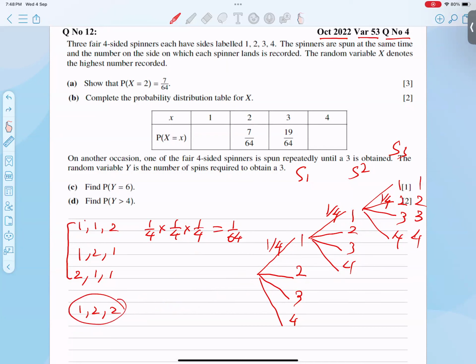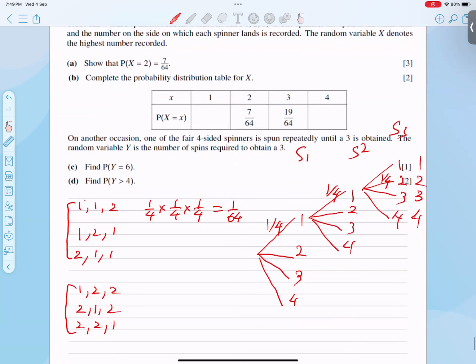But here we have different options. The 2 can come before: the first spinner lands on 2, the second on 1 and then 2, or the first and second are 2. So we have 3 different possibilities. This is done, and the last option is 2, 2, 2.